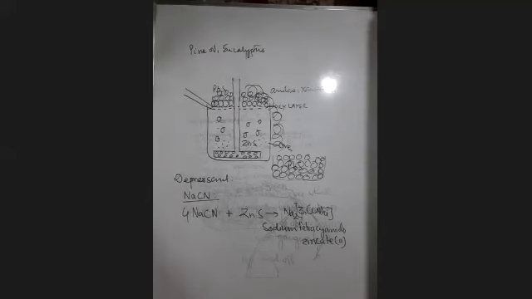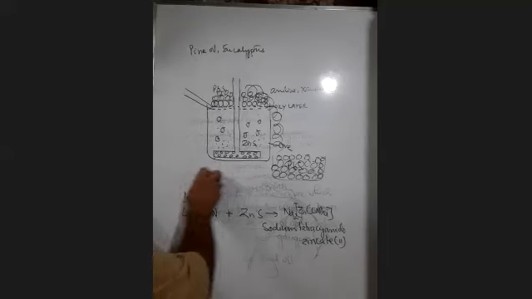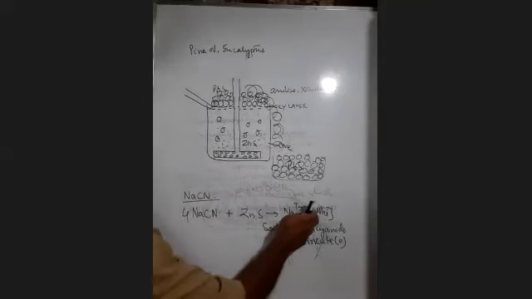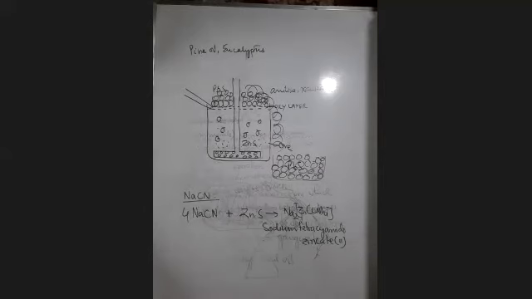Zinc is also used for soldering, which we do for the joining of electrical equipment. So we cannot afford to lose zinc. So what should you do? Once this process is over, we'll try to regain the zinc.